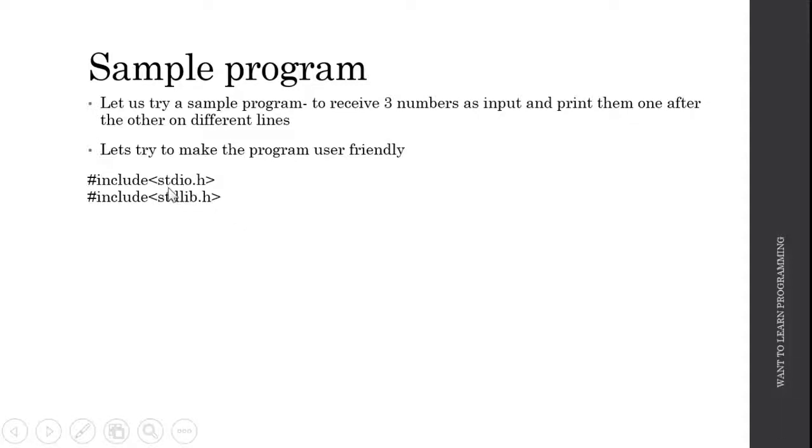Please note that stdio.h is the header file which actually contains the functions describing what printf and scanf must do. So this is the header file which describes the printf and scanf functions.